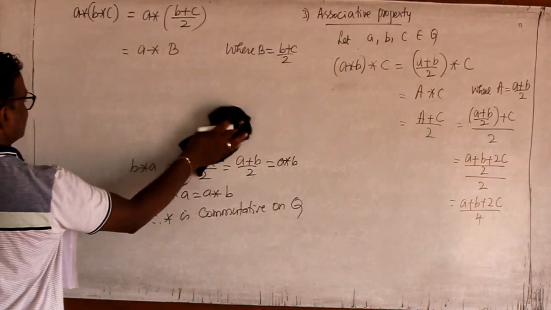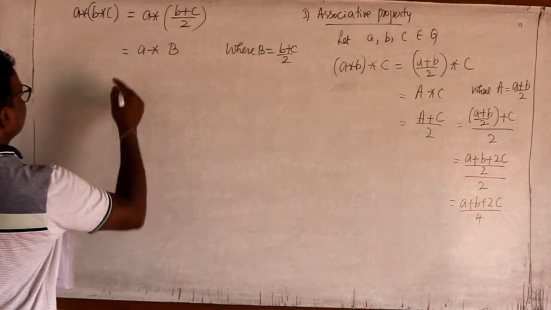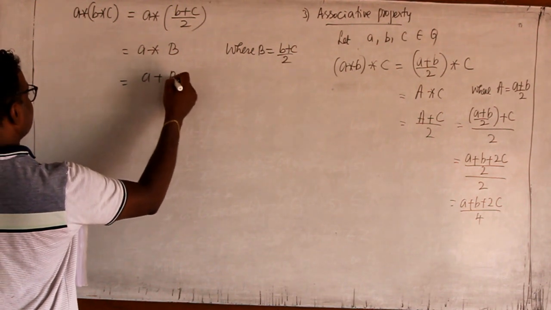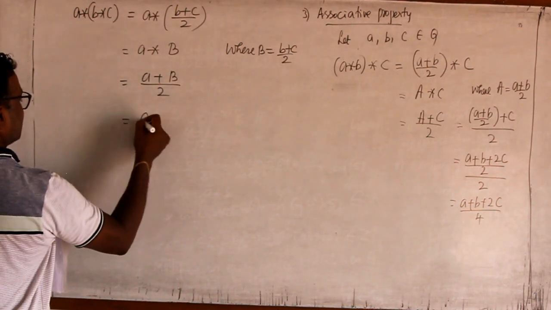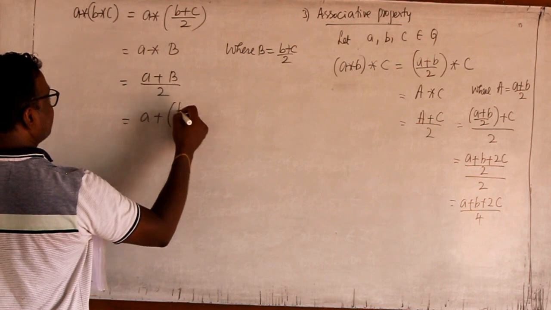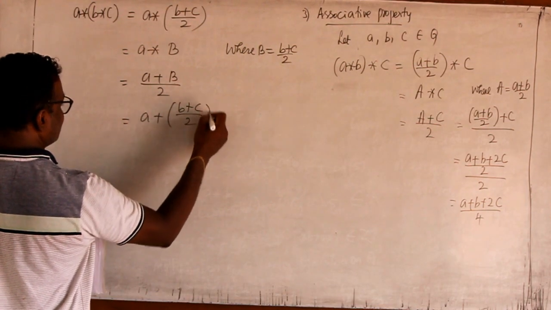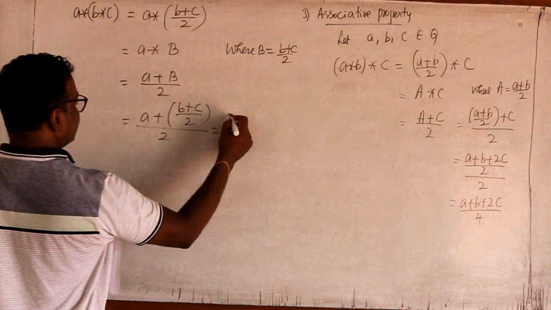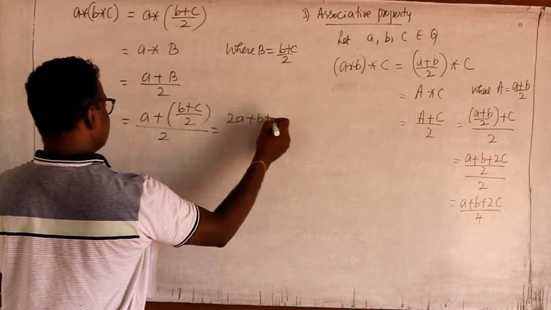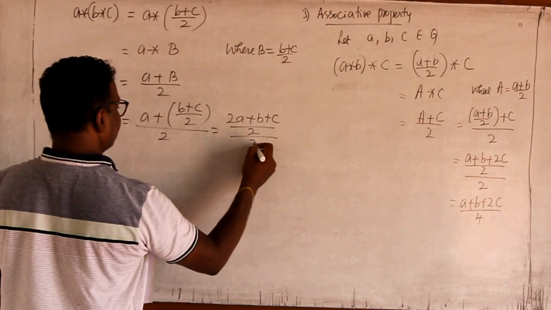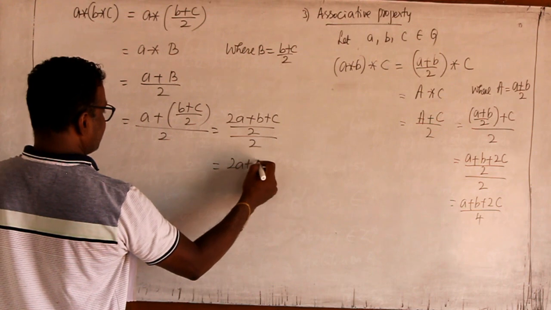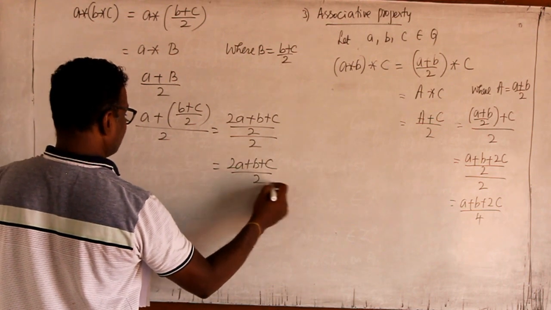Now we shall operate these two. It is A plus B by 2. Now we can substitute for capital B, the bracket, B plus C by 2, by 2. Taking LCM, 2A plus B plus C by 2 by 2. It is 2A plus B plus C by 4.